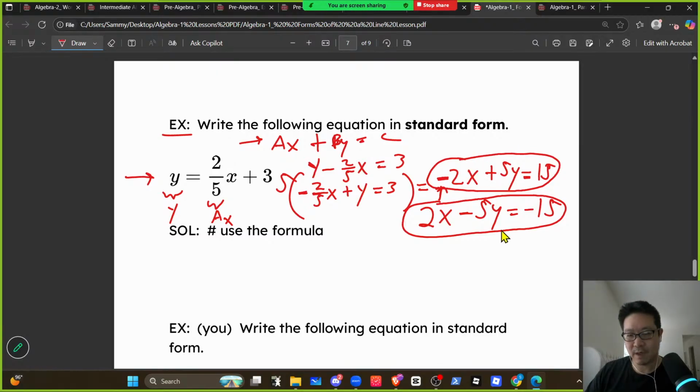Now, you might be thinking, well, the general form has a plus, right? It has ax plus by equals c. The reason this is a correct answer is because it can be written as a sum: 2x plus negative 5y equals negative 15.